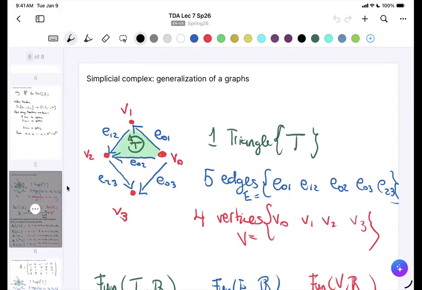So in this case, when the edge has the vertices 2 and 3, 2 is less than 3, and that's why I'm drawing it as an edge from 2 to 3.